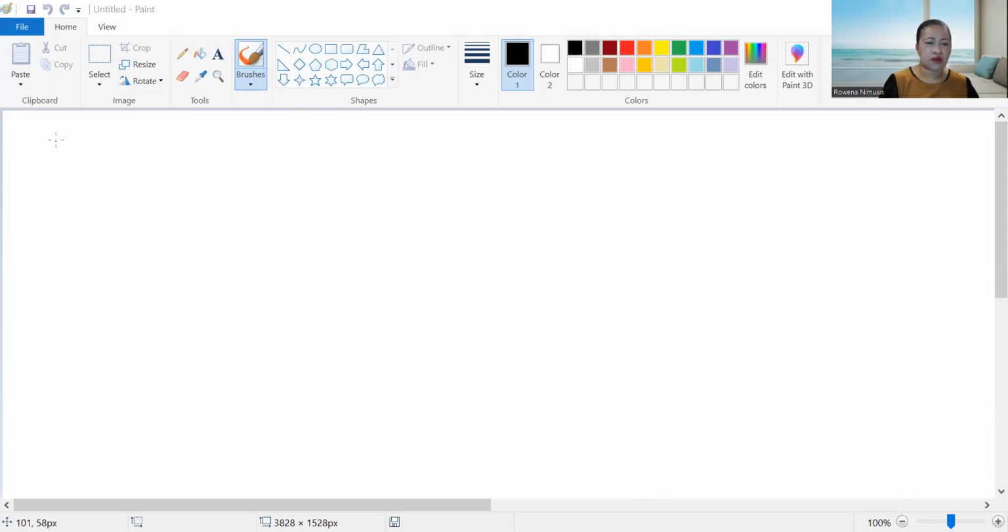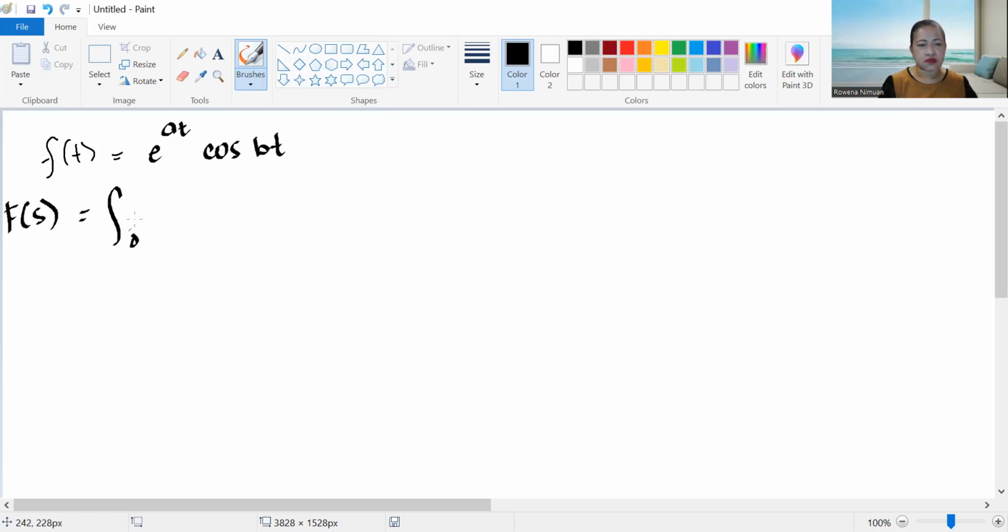What if our given function f of t is now equal to e to the at cosine of bt? Then, to solve for the Laplace transformation, we have the integral of e to the at cosine of bt times e to the negative st dt.